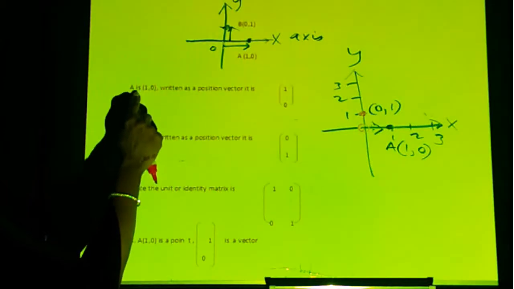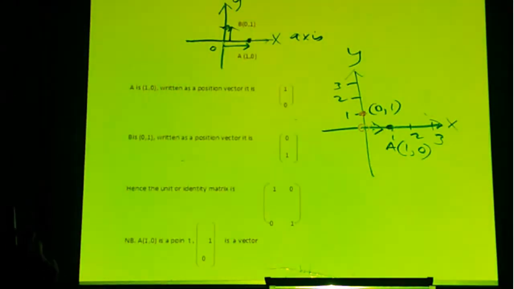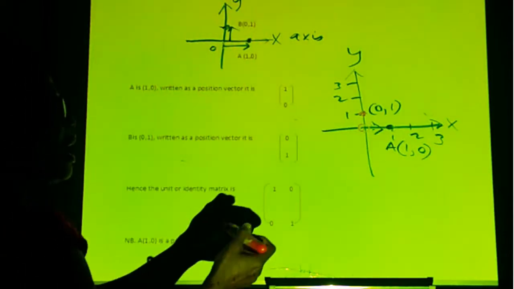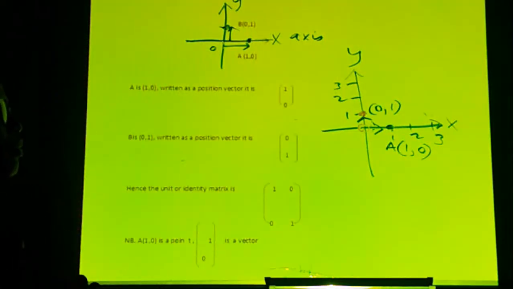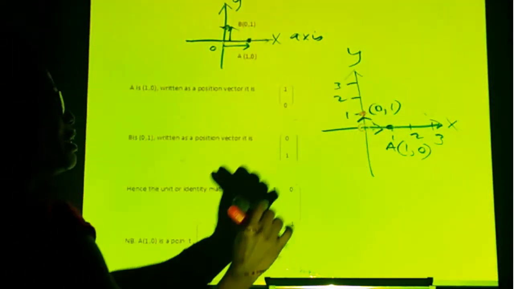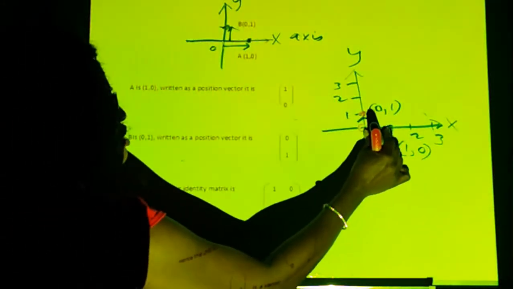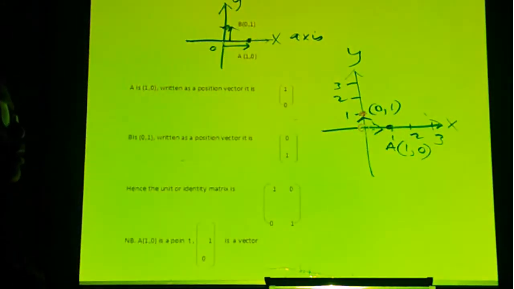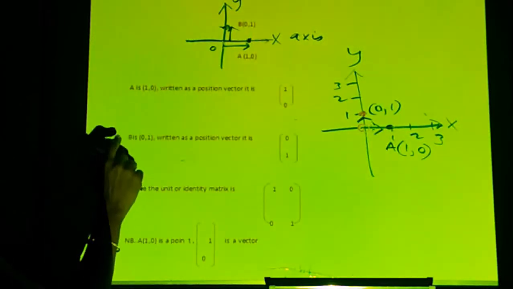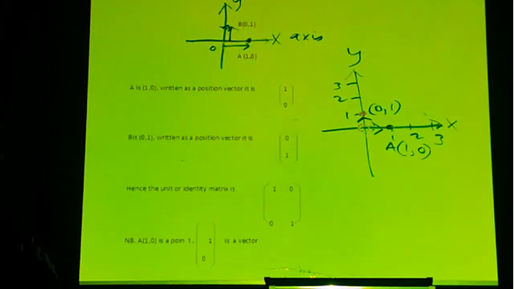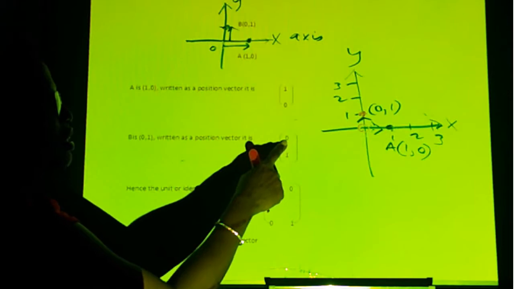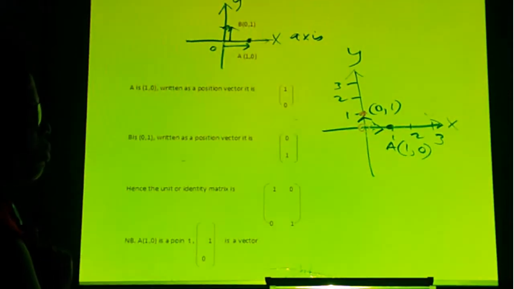When the numbers are written side by side, it's a point on the graph paper. The column (0, 1) tells me I'm going in this direction. And the length of that vector is only 1. The length of both vectors is 1. So (0, 1) is a coordinate when written side by side, but as a vector, it's a column. Meaning, you go neither to the left nor to the right, but one place up.